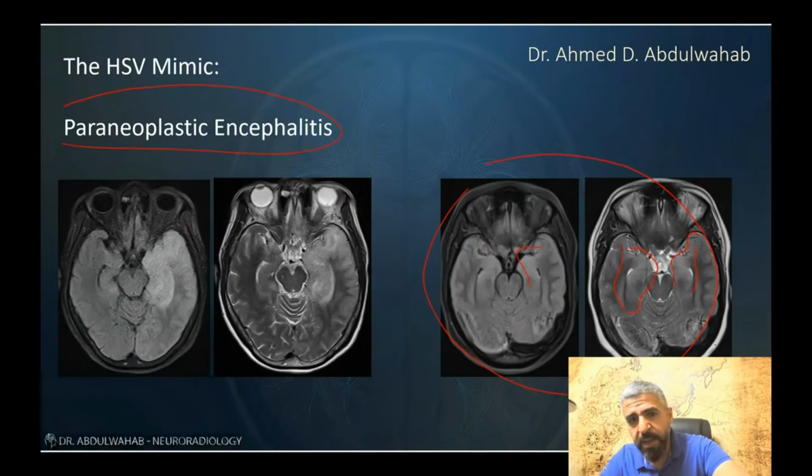You can see here the temporal lobe has perfectly symmetrical bilateral involvement in paraneoplastic encephalitis, while herpes simplex virus encephalitis is usually messy and asymmetric. So symmetry is again the best clue for you.